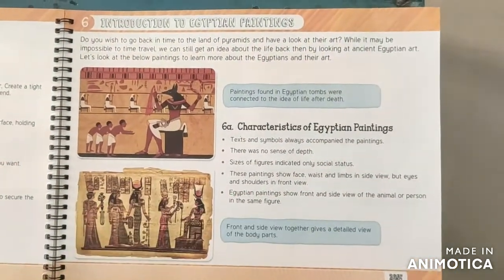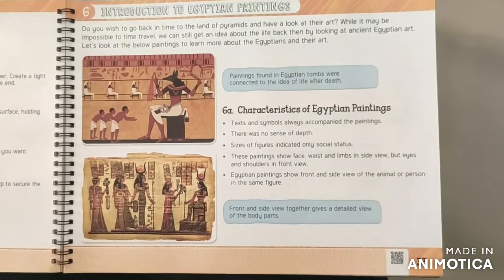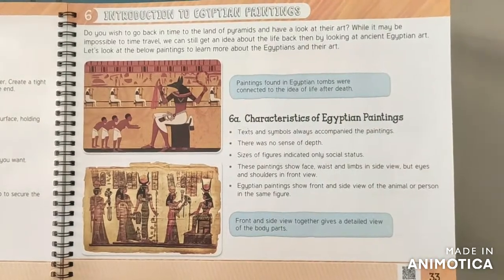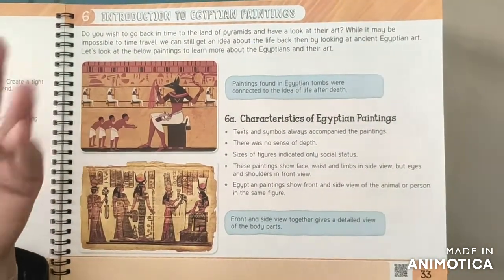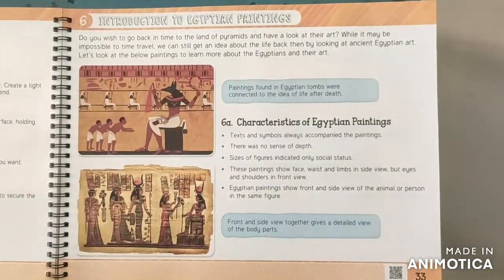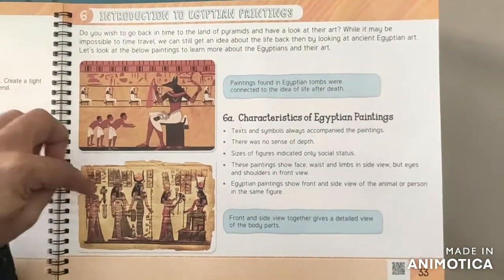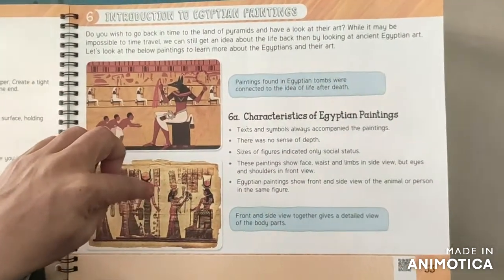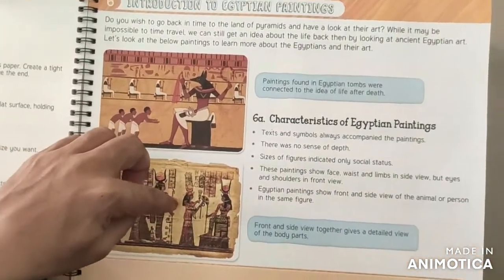These paintings show face, waist and limbs in side view, but eyes and shoulders in front view. We see eyes and shoulders in front. We can see them clearly, but many times the face has a side view only, or the waist also has the side view.